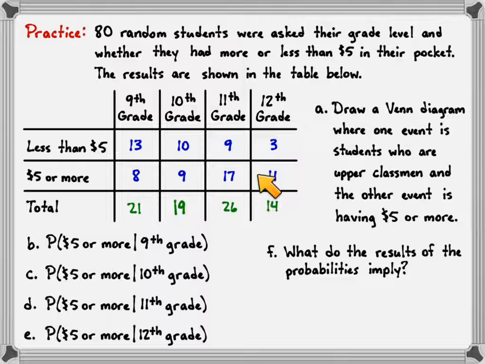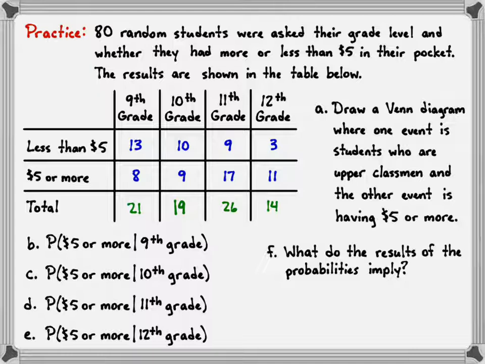And then again, 28 are inside the football, and there are going to be 17 in the moon shape because they have more than $5, but they are not upperclassmen. And then the leftovers are all the lowerclassmen that have less than $5, so that'd be 23 on the outside. Figuring out these probabilities, we actually don't need a Venn diagram.